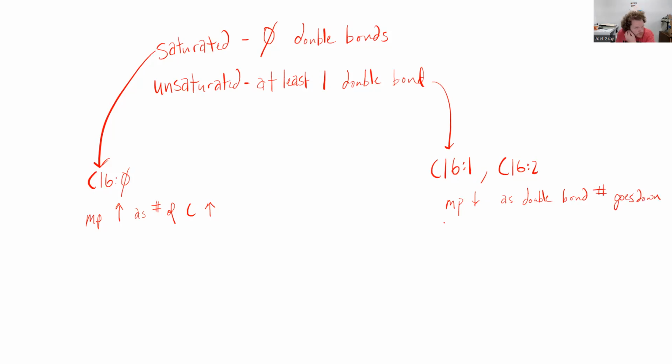In large part, this is because of packing. I'm going to draw a very crude representation of an alkyl chain of a saturated fatty acid. If you have multiple saturated fatty acids, they can pack very tightly together.